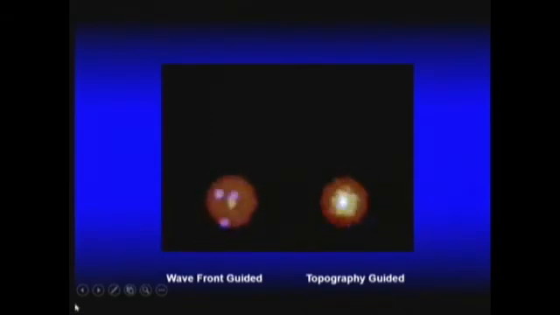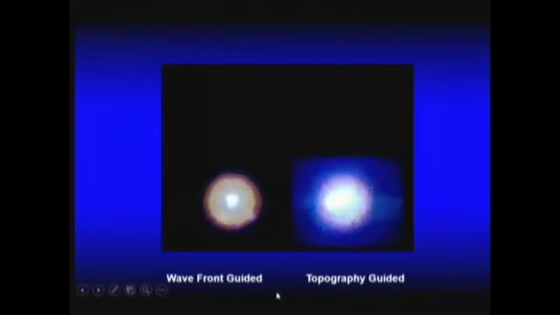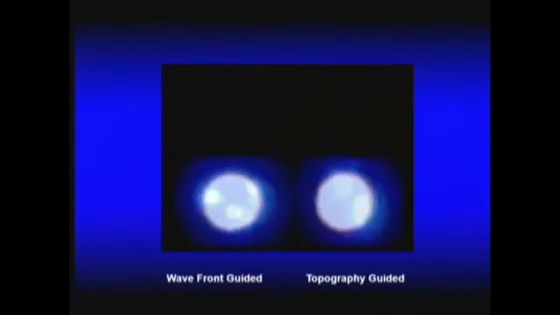And this is an example of the same defect with topographic guided ablation and wavefront guided ablation. The wavefront guided takes a little longer. Well, now with the new lasers are even faster.